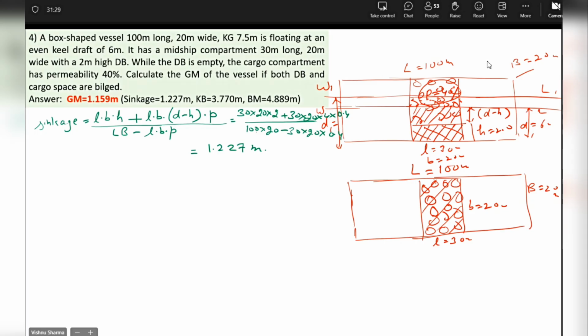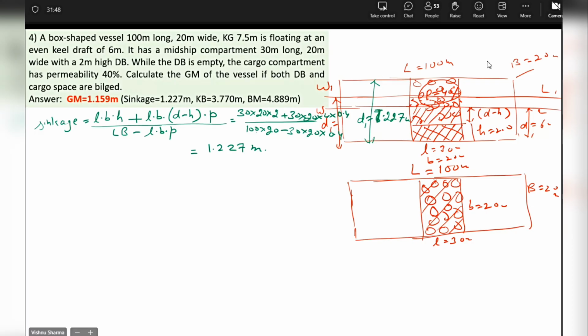Yes, sir. Okay. This gives you D1. So let me write here so that it's clearly visible, 7.227 is the D1. Now we have to find the KB.